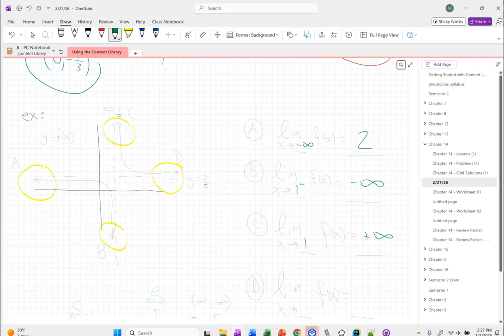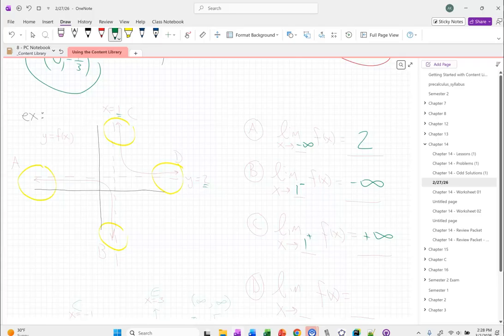For the right side of 1, we use a positive sign in the superscript, which means we're talking about values bigger than 1. So we're approaching 1 from the right, from like 3, 2, 1, as opposed to negative 1, 0, 1. Are superscripts and subscripts opposites? Yes, supers are up high, subs are down low.